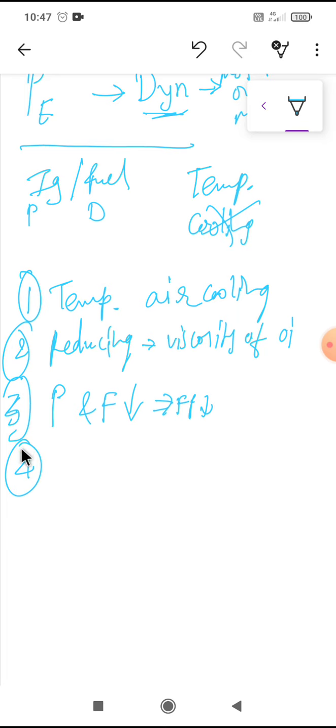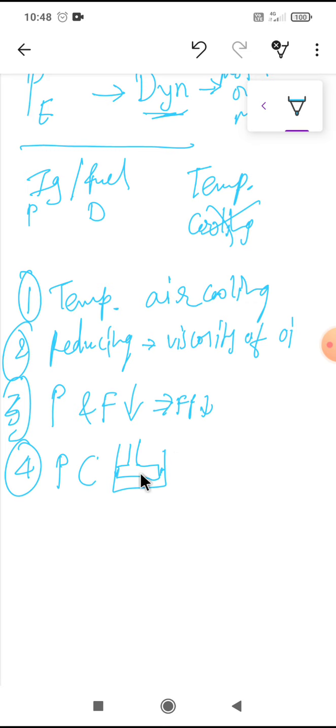Then fourth is the clearance between the piston and cylinder. Suppose this is the cylinder and this is the piston. So this clearance is more due to reduced temperature in the cylinder.